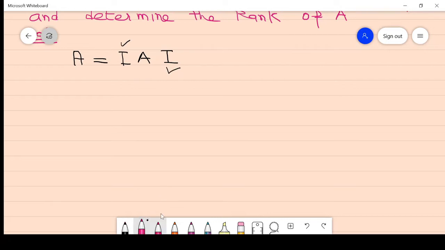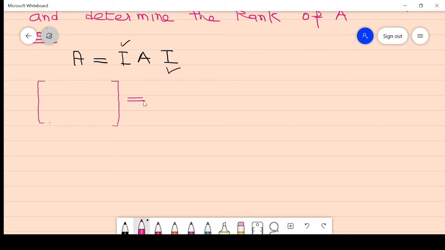So remember that when we apply row operation, it will affect this matrix I, and when we operate column operation, then it will affect this matrix I. So remember this.